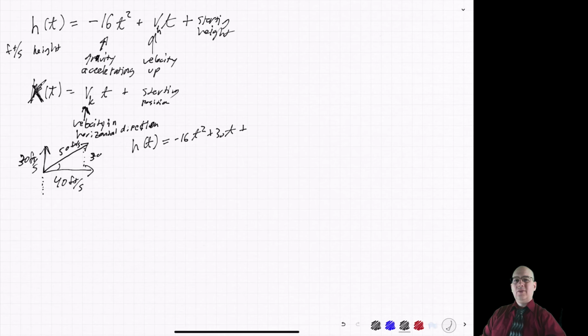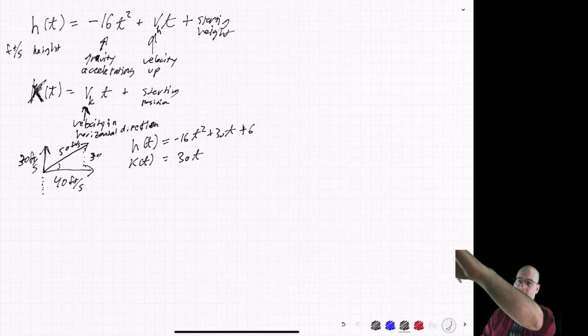Kind of above the head, we'll just say 6 feet. Plus 6 feet, so that's 6 feet above the ground. And then this other direction, k of t, is 40t, and we'll just take the starting position to be 0. Okay. 0 is nice.